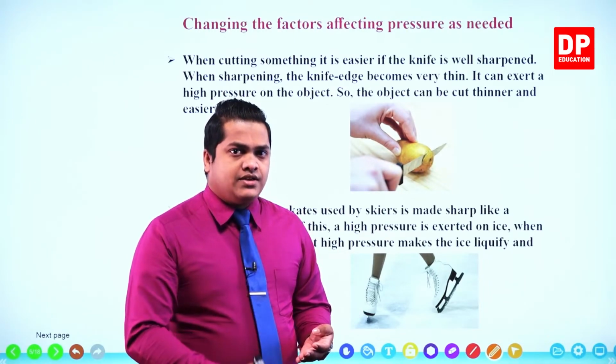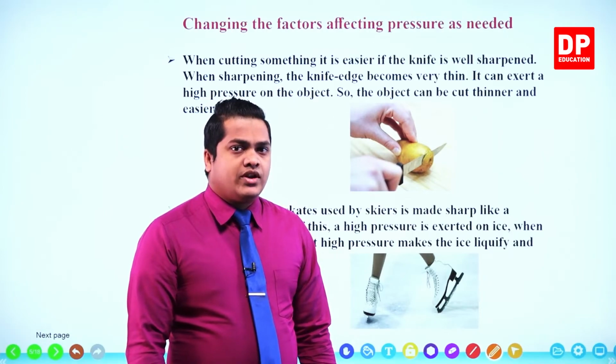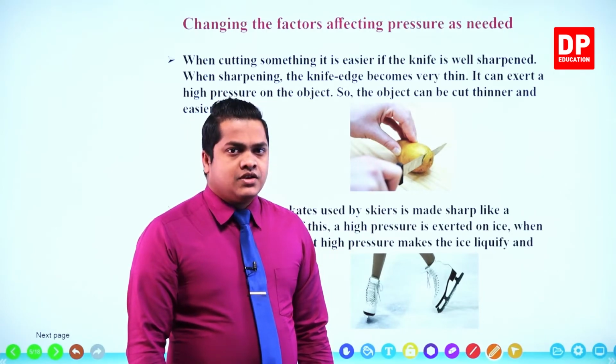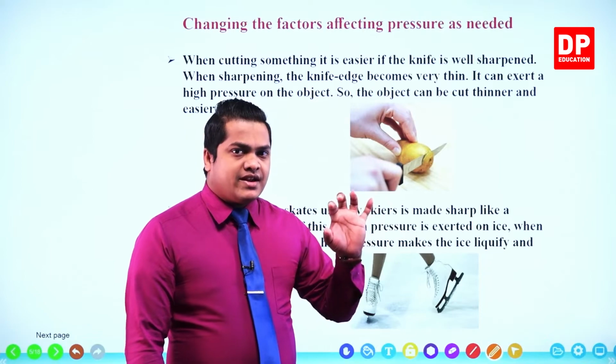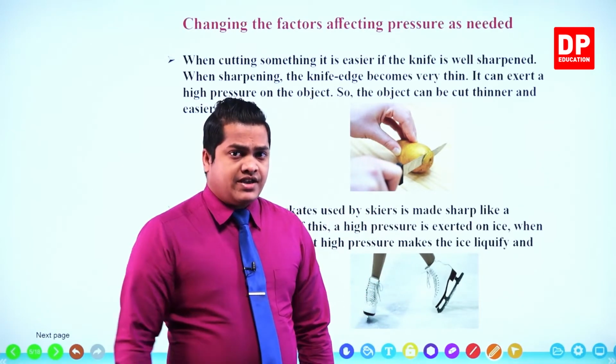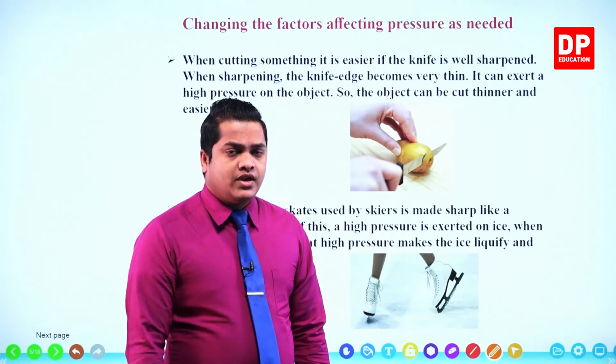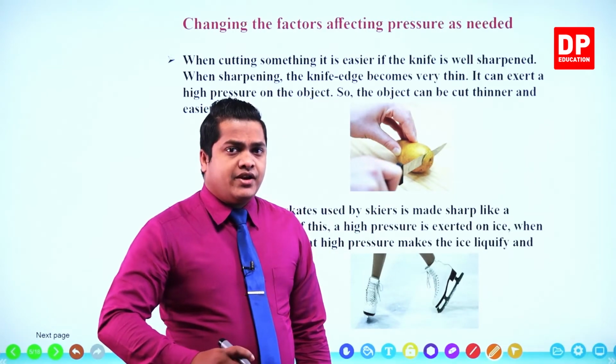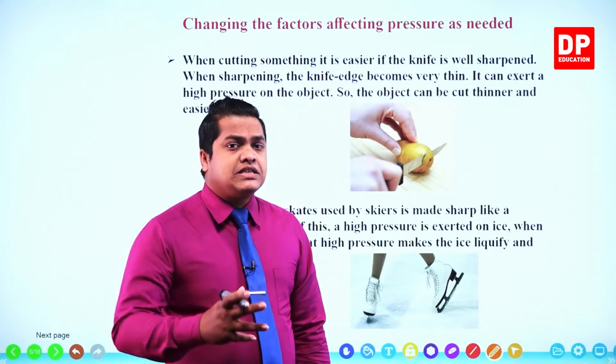So you can cut it very quickly without any trouble. In this case, we reduce the surface area by sharpening the blade of the knife, and we are increasing the pressure.